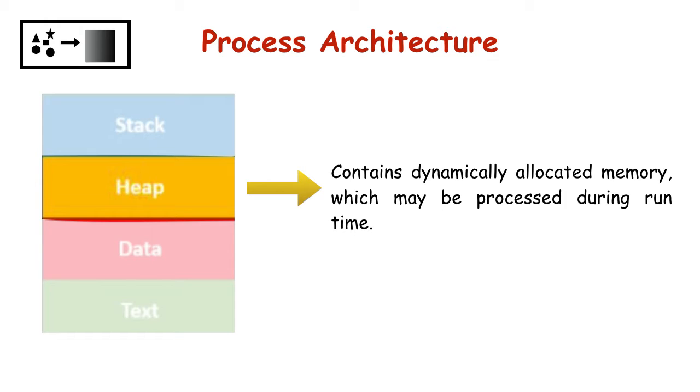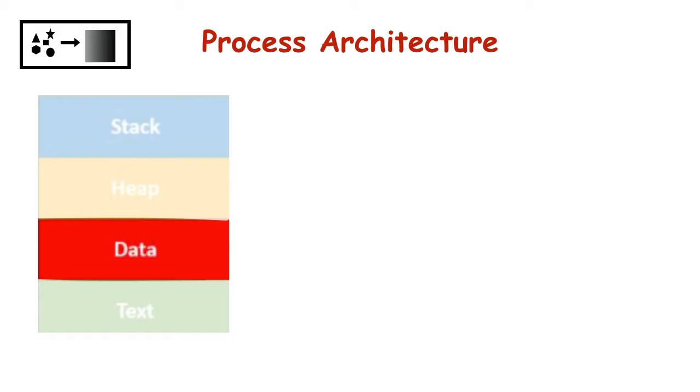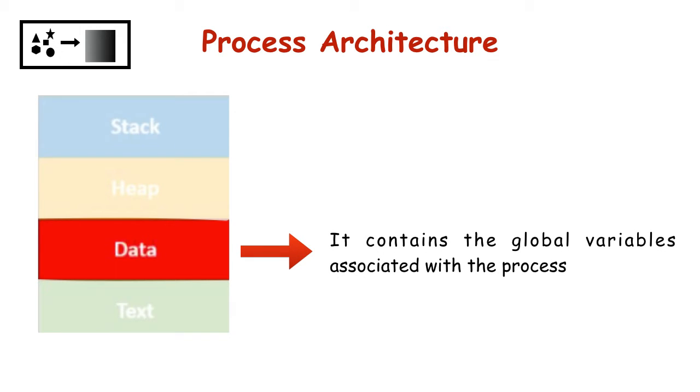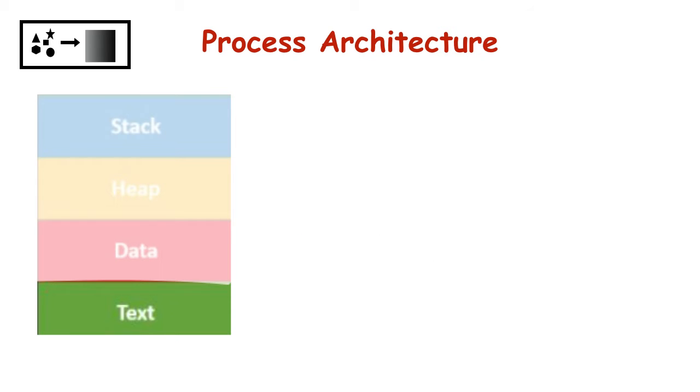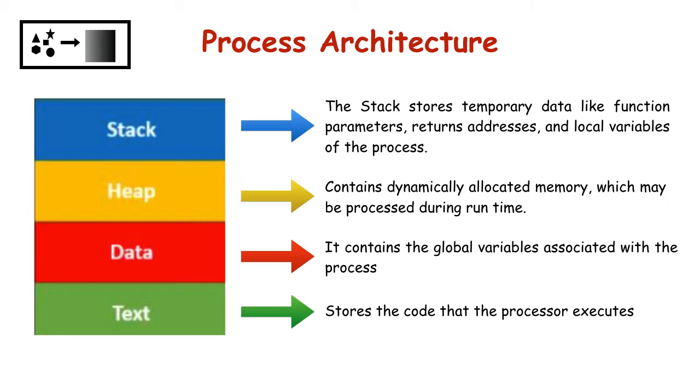It contains the memory that is allocated to the process for it to be processed. Data contains the global variables associated with the process. And text stores the code that the processor would be executing.